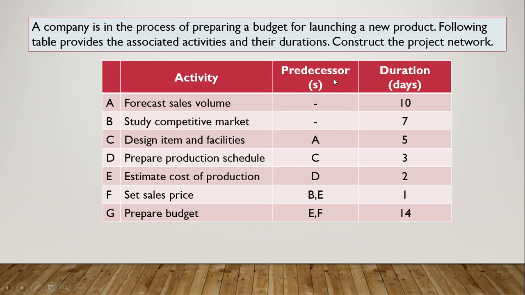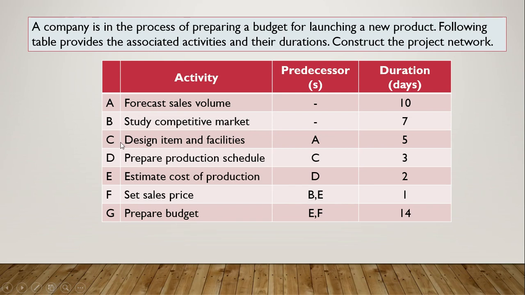What it actually indicates is that there is no predecessor for A and B, so activities A and B can be started simultaneously, but you can't start activity C at the same time.